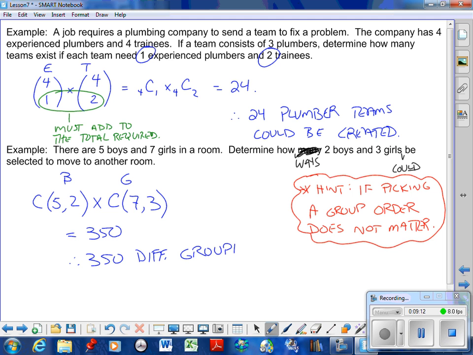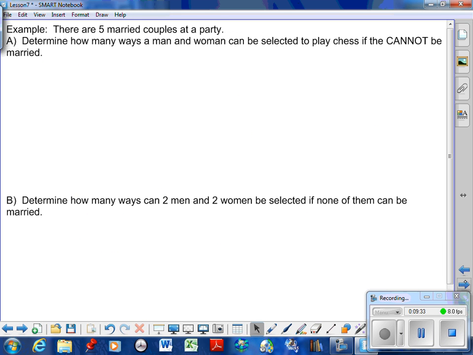Remember, you're going to have fewer combinations when order is not important, because we don't consider any of the arrangements unique, which cuts down on how many are available.